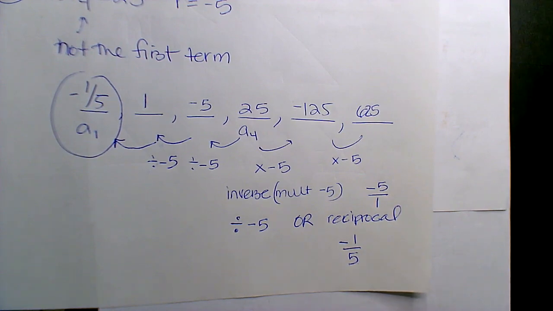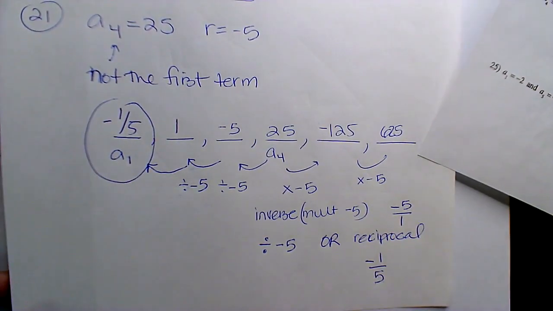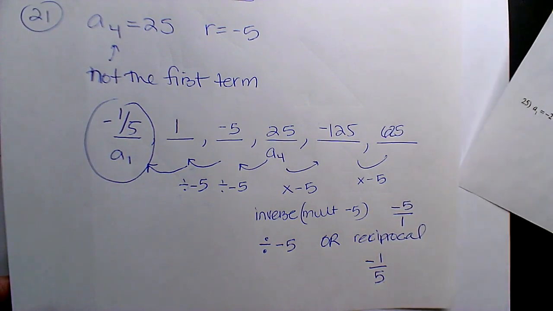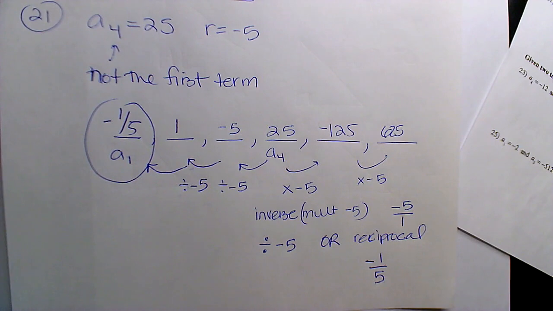We're not doing negative reciprocal, it's just reciprocal. Kind of? Okay. I'll leave it there. So that's 21 and 22 here. Can I stop it? All right, let me stop it.